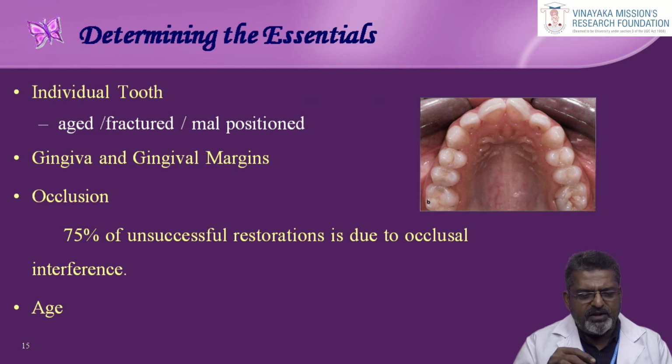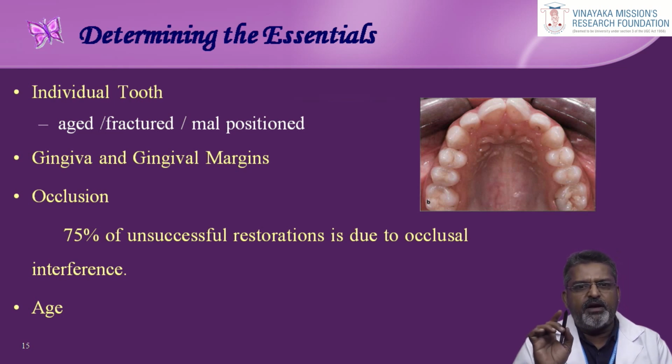So you may think, why this occlusion? I am talking about the essential part of your determination is going to be occlusion. Anterior doesn't have occlusion, I know that, but why is occlusion going to be an essential part in your veneer fabrication?